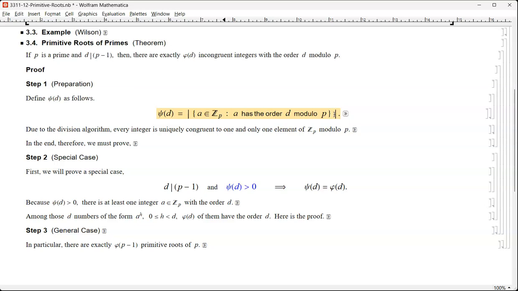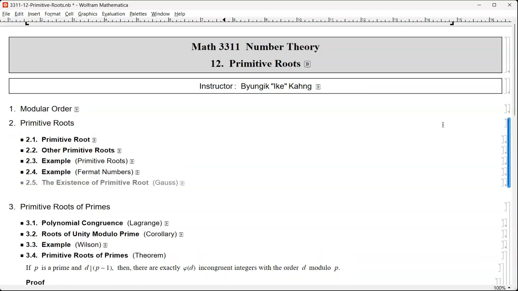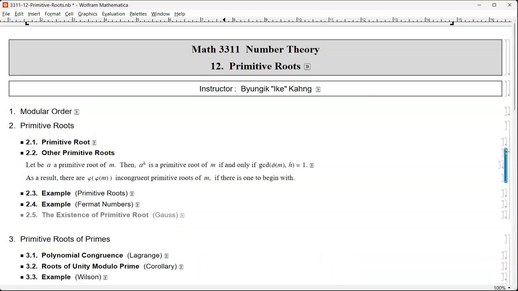And that is, as a matter of fact, equivalent to there exists at least one integer whose order is d mod p, because we can take mod p by the division algorithm. So in short, this definition here, which I highlighted in blue, is kind of like the one in 2.2: there are this many incongruent primitive roots of m if there is one to begin with.